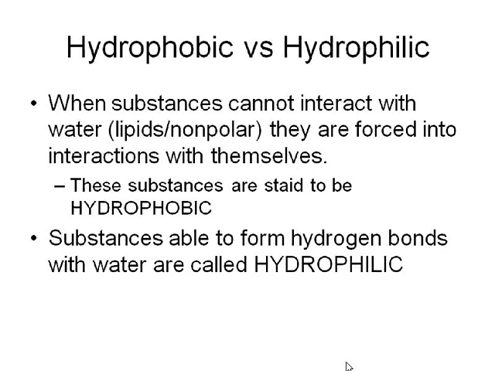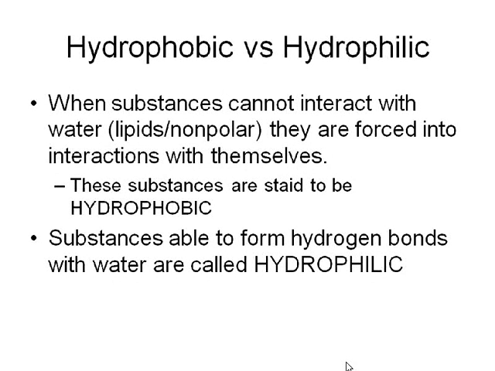Substances that can form hydrogen bonds with water are called hydrophilic. Philic or phile is to love something. Okay? An audiophile is somebody who loves music, who loves audio things. Hydrophilic is to love water. What's a substance that we've already talked about that can interact with water?